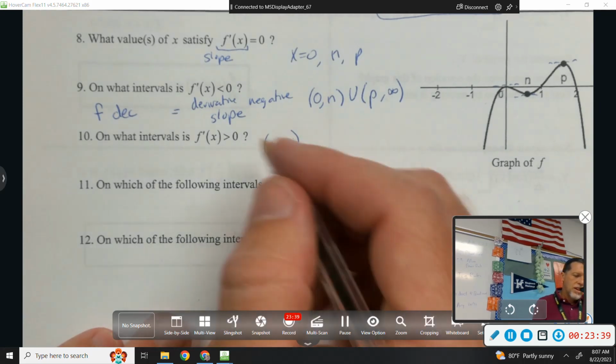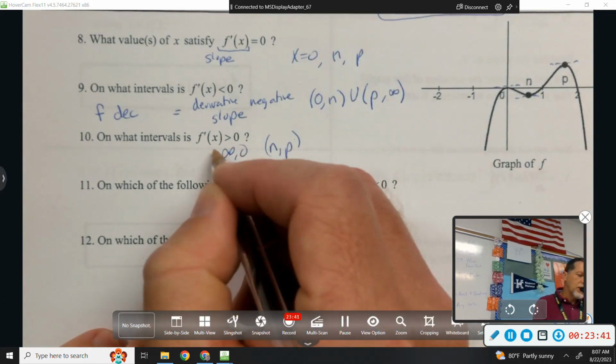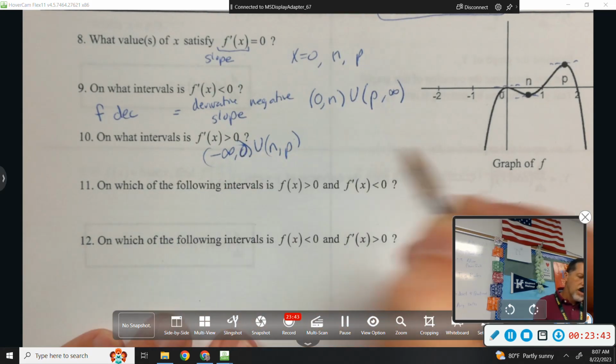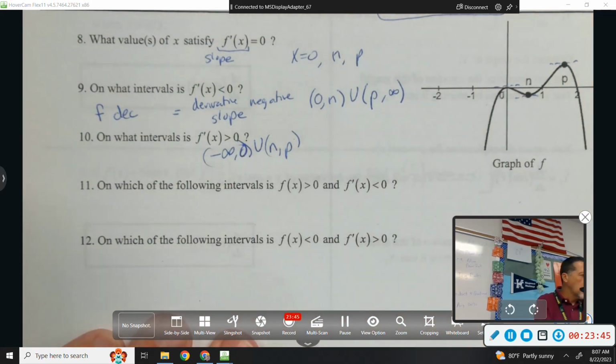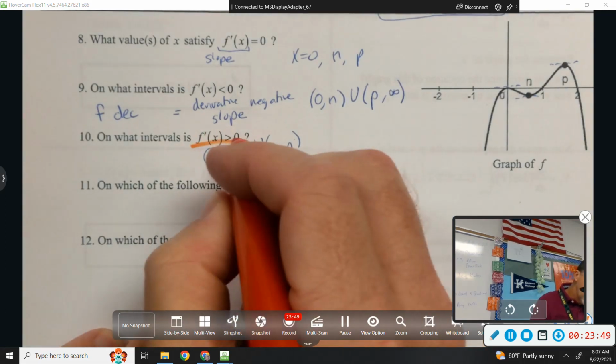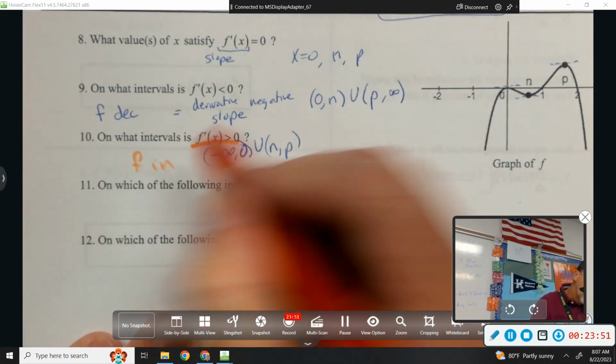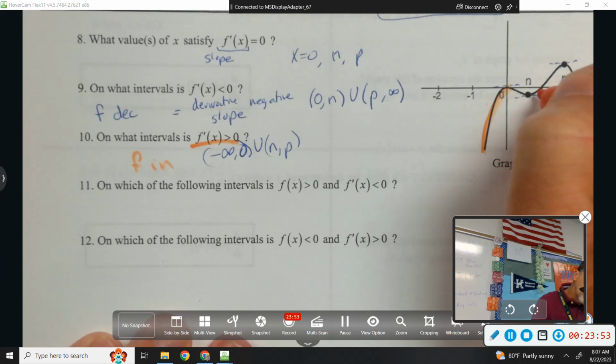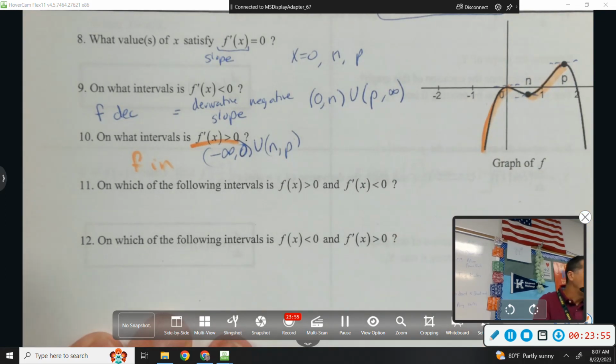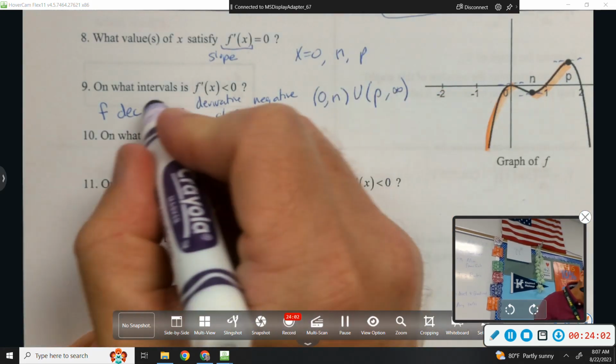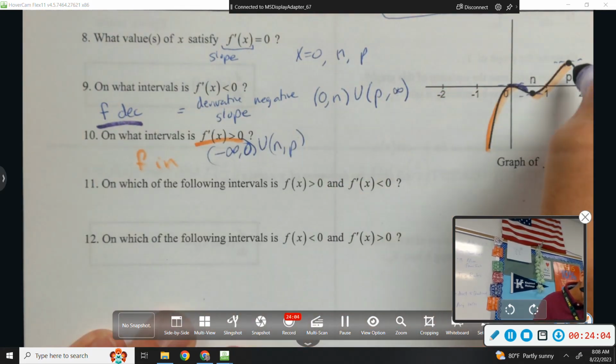Be careful, negative infinity to 0. So f is increasing, negative infinity to 0, n to p. F is decreasing on those 2 intervals.